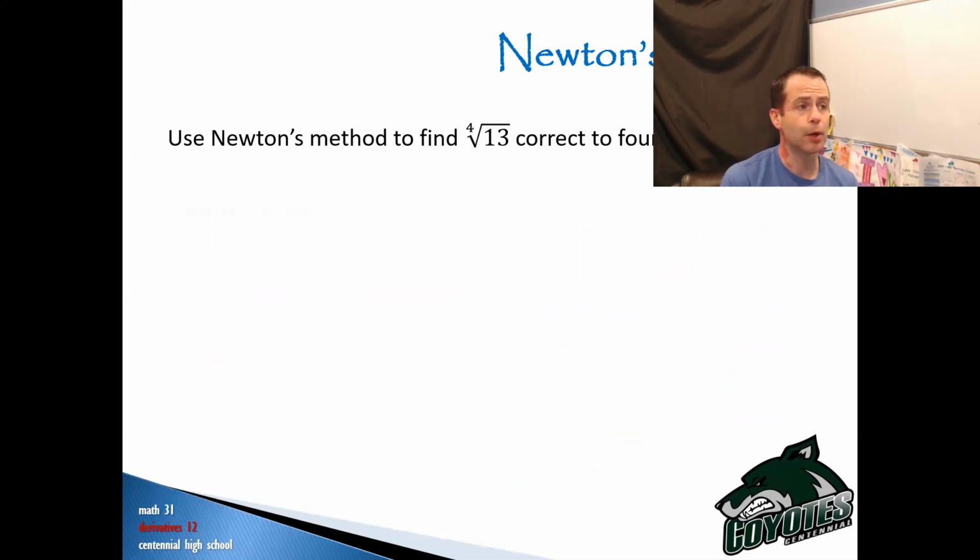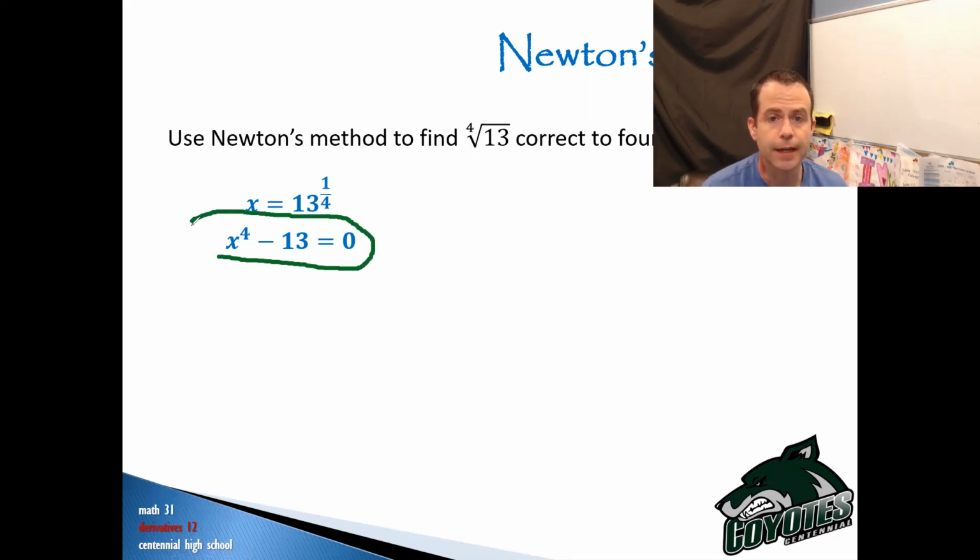We need some sort of a polynomial equation that equals 0. If I'm looking at the fourth root of 13, that's the same as saying x equals 13 to the 1/4, which is the same as saying x to the 4 minus 13 equals 0. I just took the fourth root of both sides and then subtracted 13. So this is the polynomial equation that I'm now going to use Newton's method with.